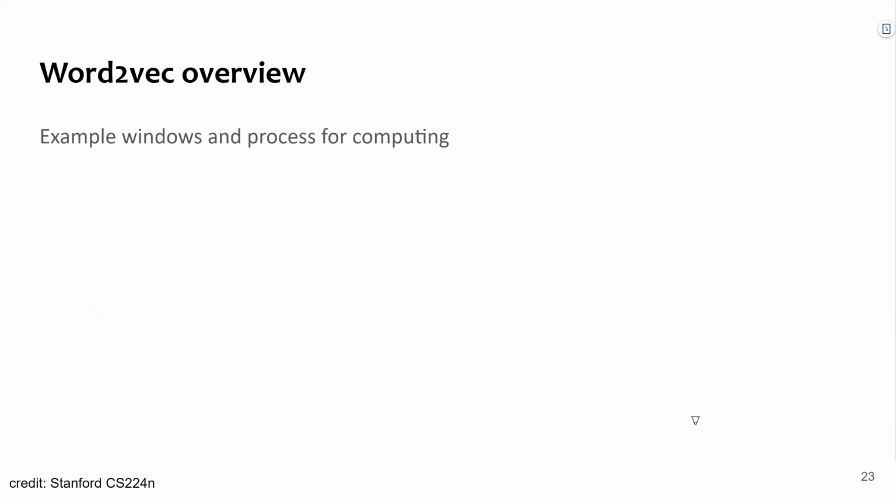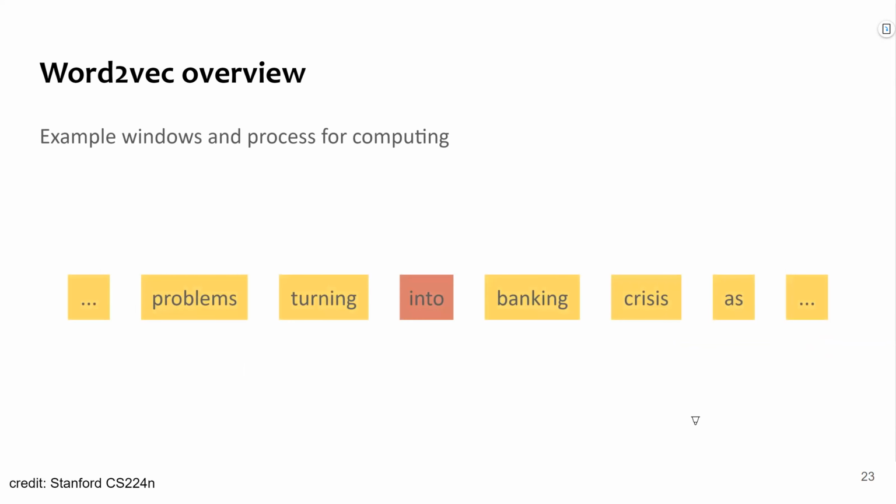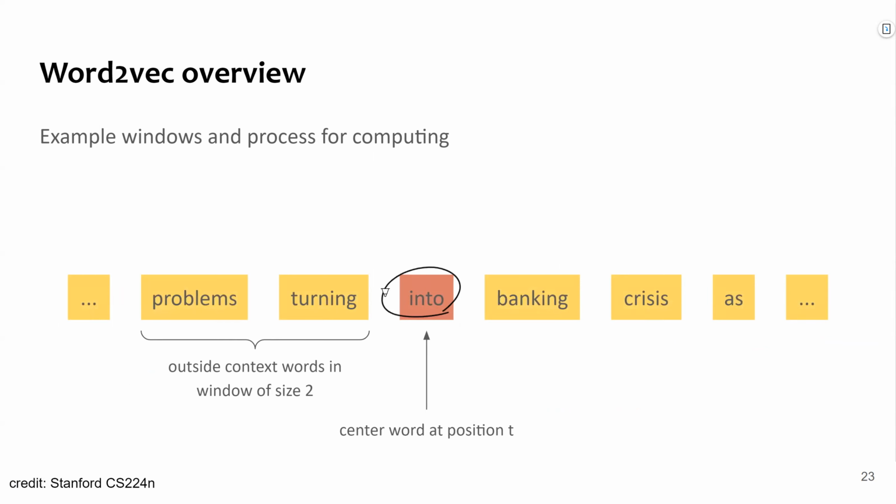Let's have a look at the details. This is one example window and process for computing. Let's say the word "into" is currently the center word at position t. And these are outside context words in a window of size 2. If the window size is 3, then we're going to think about 3 words on the left and 3 words on the right. However, for this example, we're using a window size of 2.